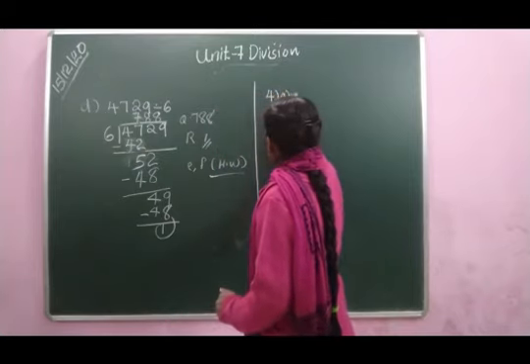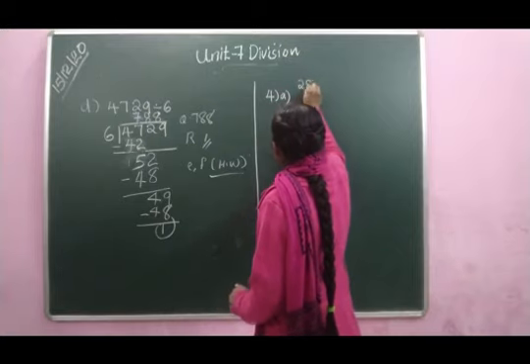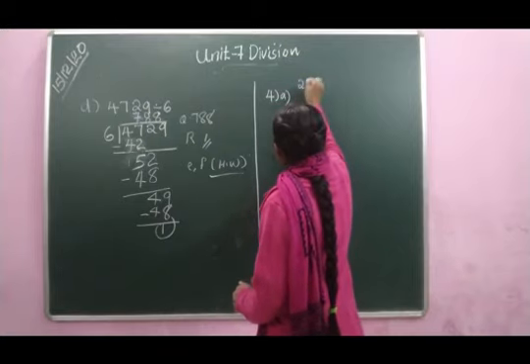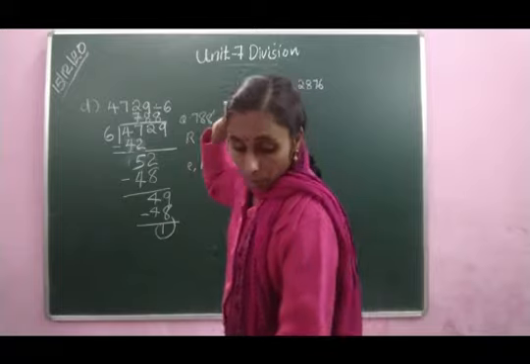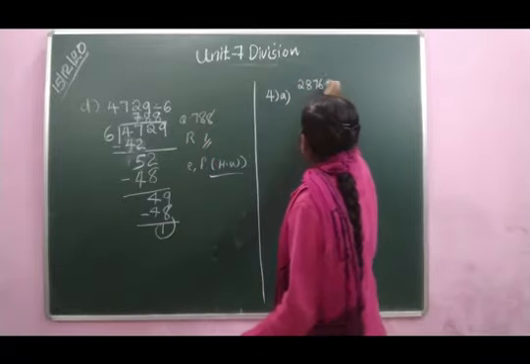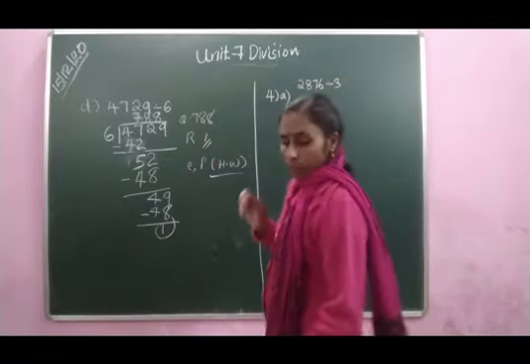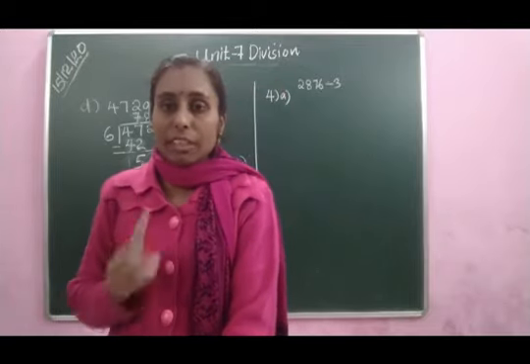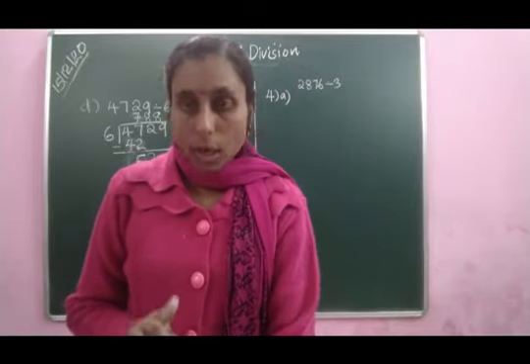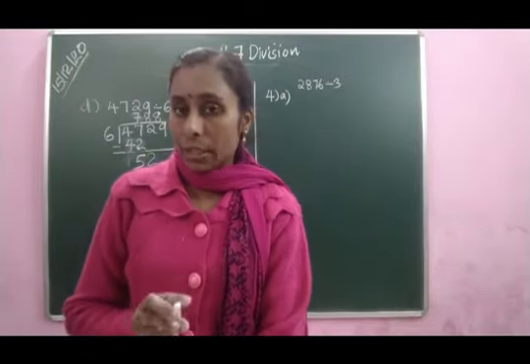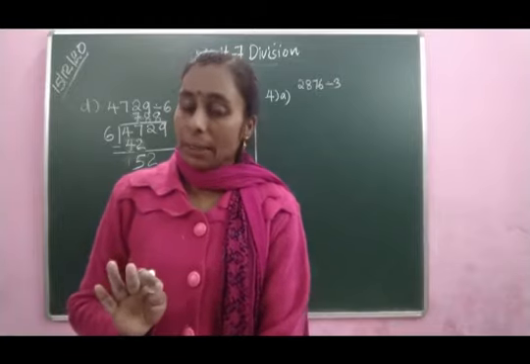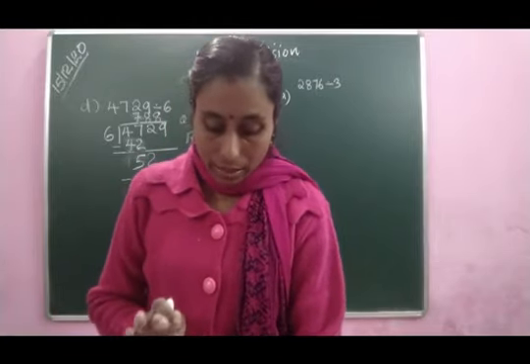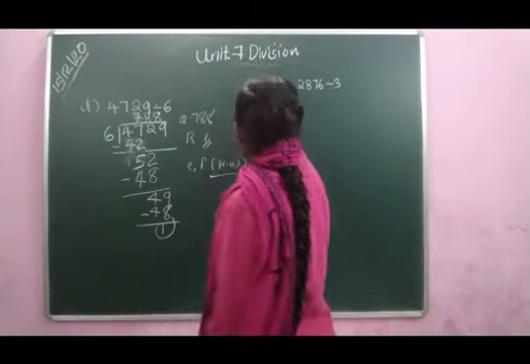Question number 4 is 2876 by 3. Here the word "by" is given instead of the division symbol. 2876 by 3. How can we do it?